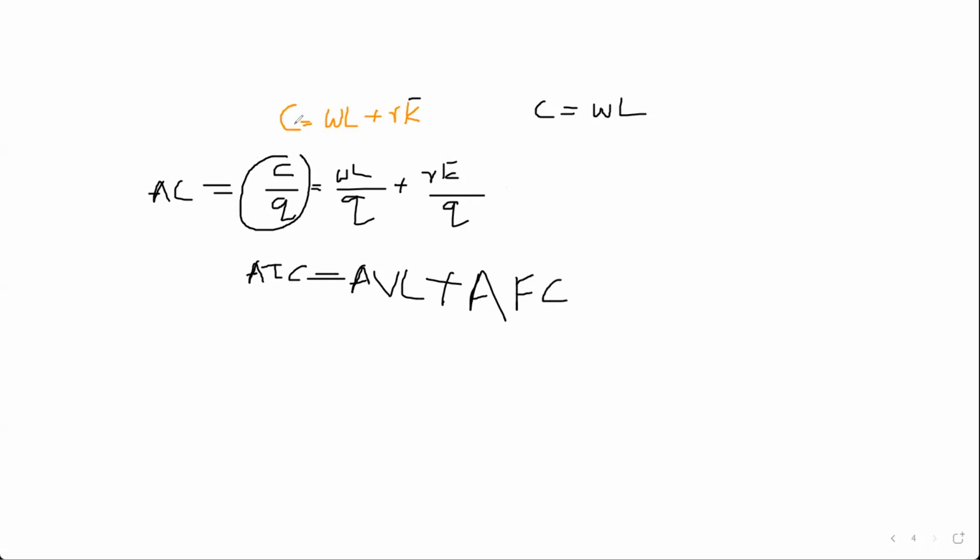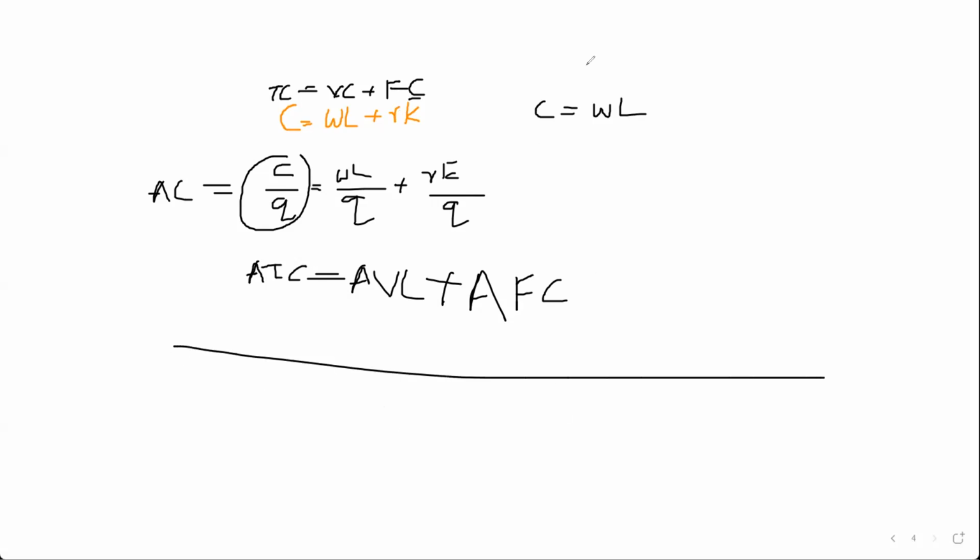Here the total cost also you can see, total cost equals the variable cost, this is the first component, and then the fixed cost. So that is the short run situation.